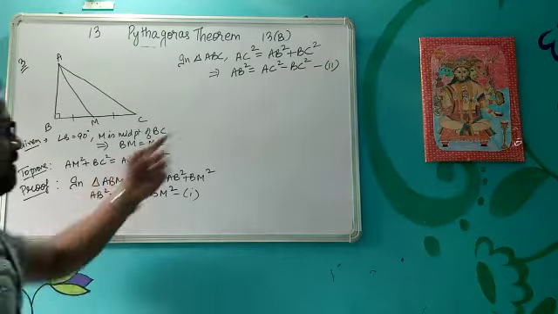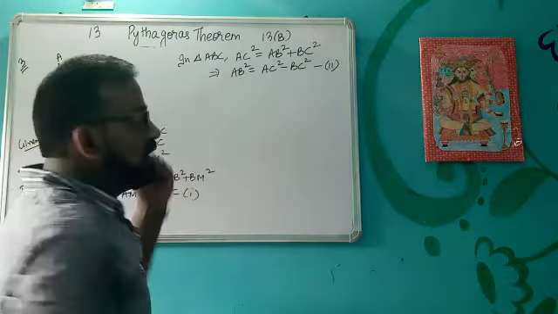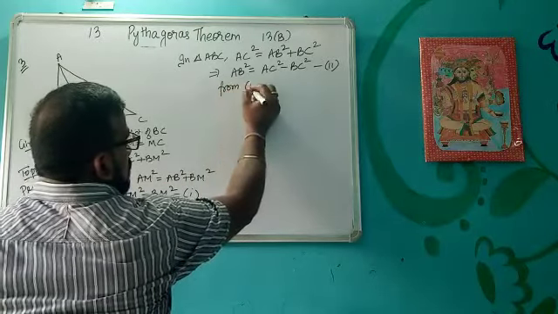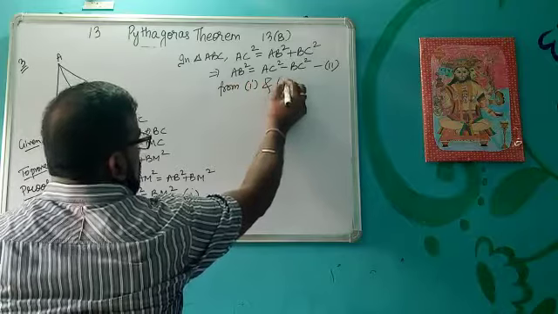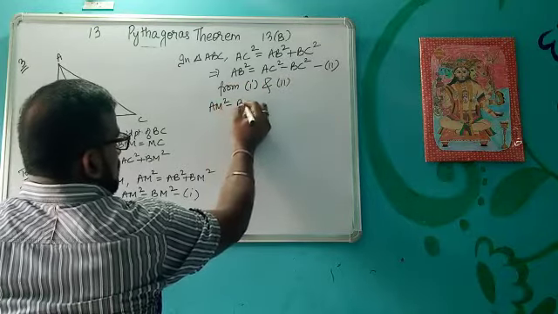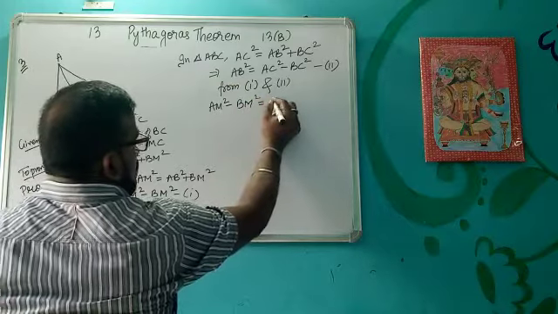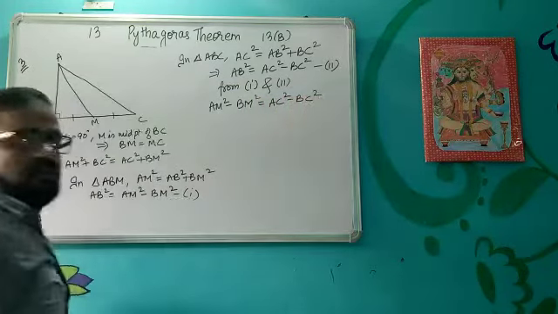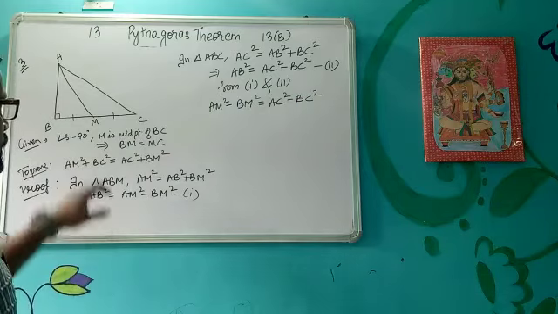Now in both equations AB square is there, so we will compare these two. So from 1 and 2, AM square minus BM square equal to AC square minus BC square. So we need to prove this.